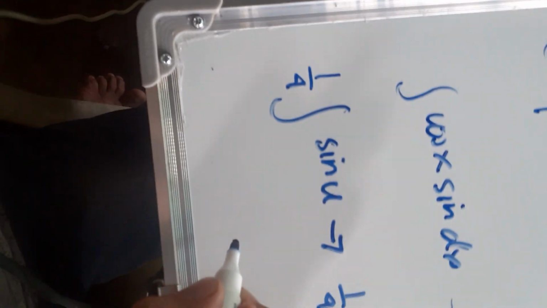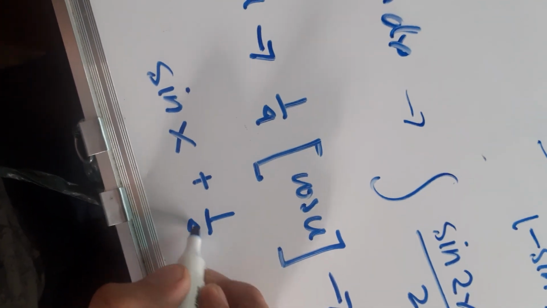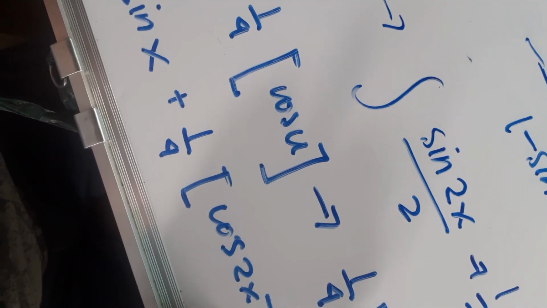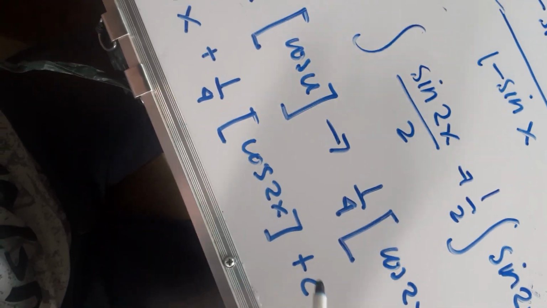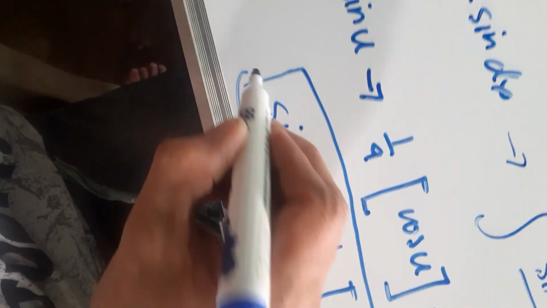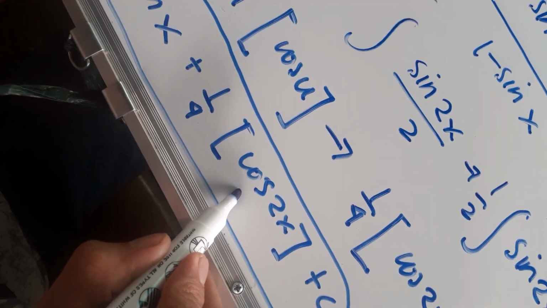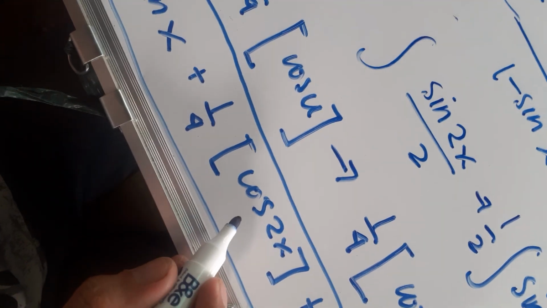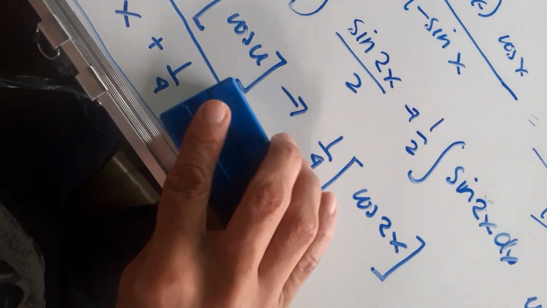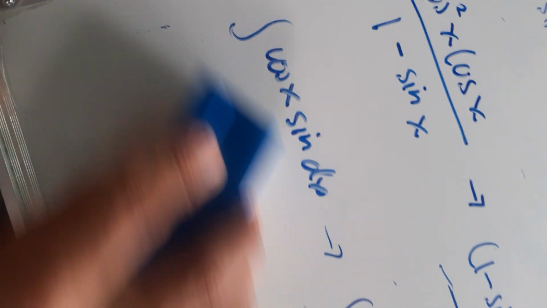So our answer now will be sine x plus 1/4 cos 2x plus c. This will be our final answer. However, we can still simplify this cos 2x if we want to, by writing cos 2x using another identity.